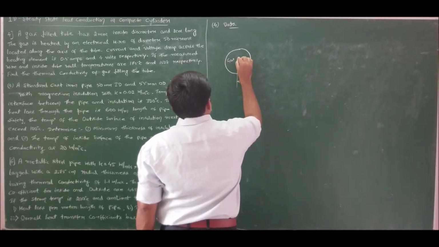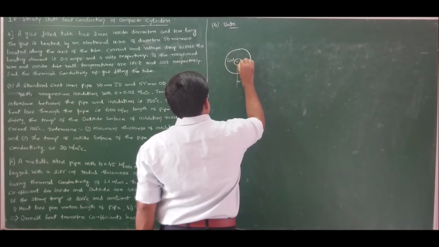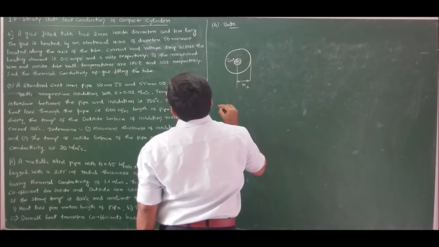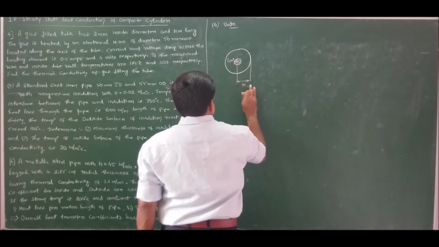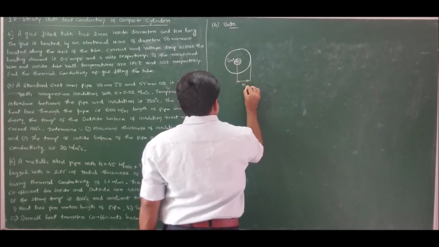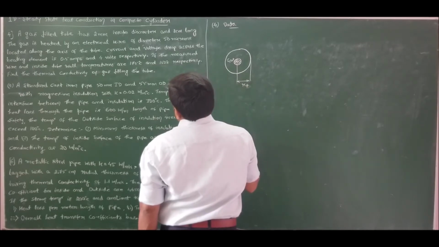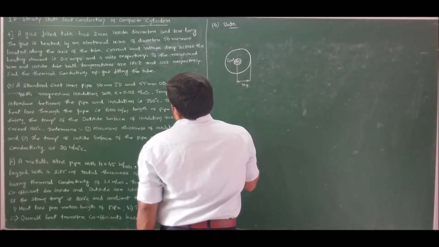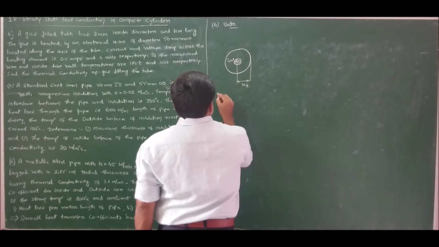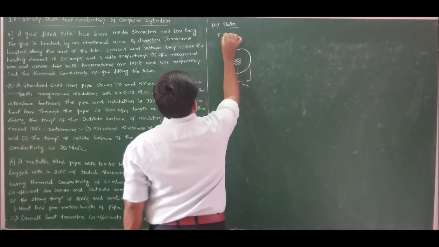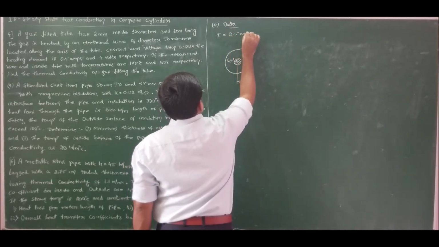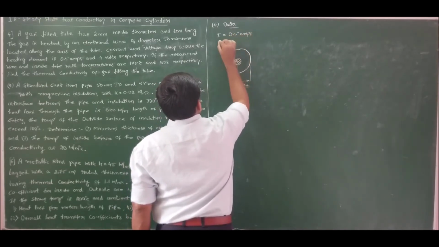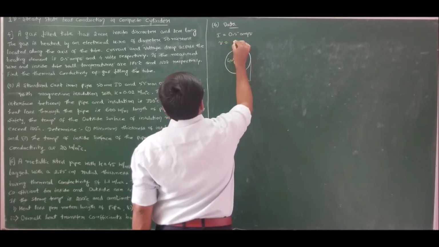A solid electric wire is placed inside this tube whose diameter is also given. Let us take this as radius of tube. Current and voltage are specified. So it is given the current I is equal to 0.5 amps and voltage V is 4 volts.